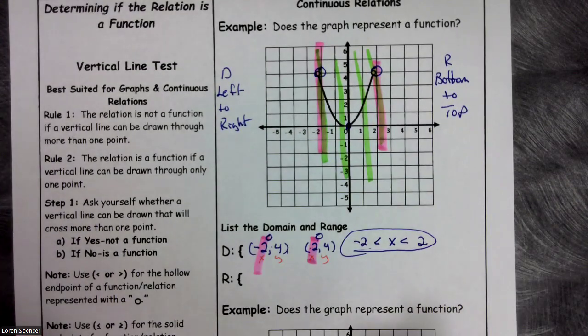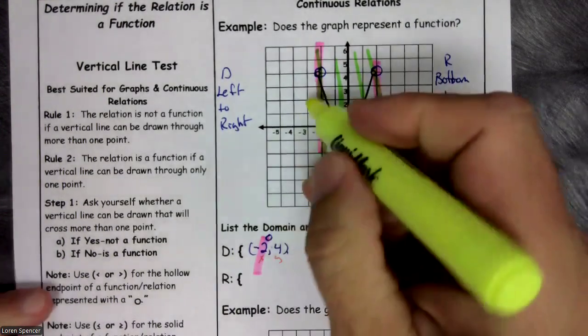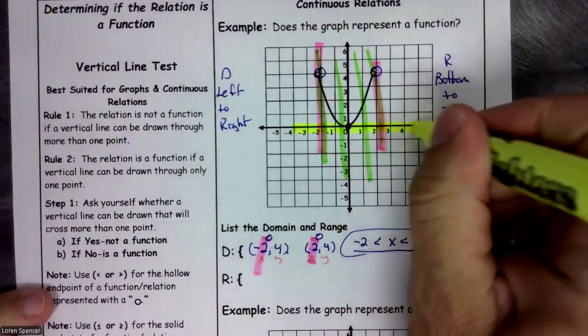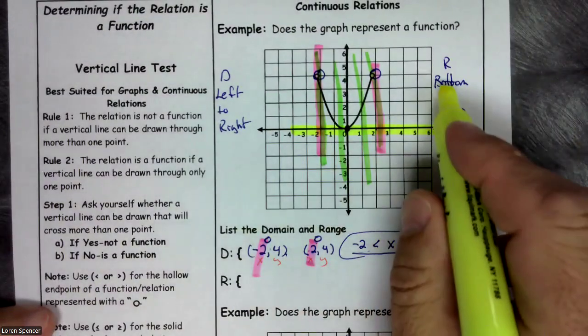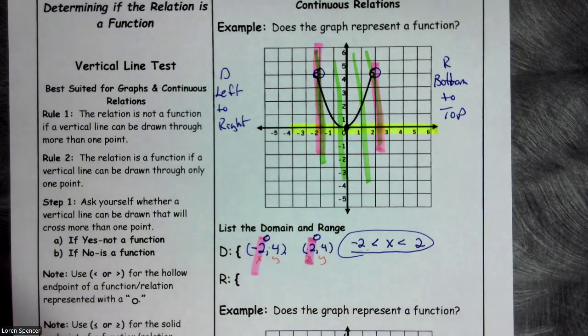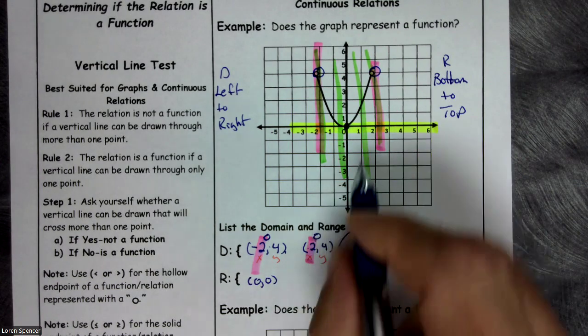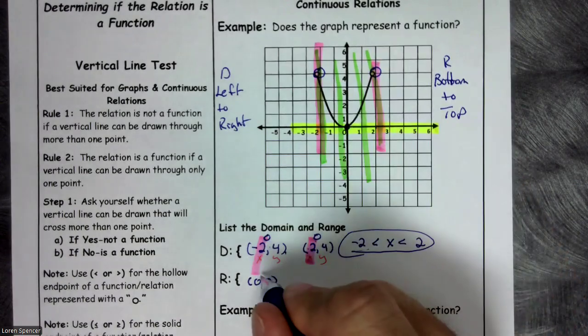My range. All right, so with my range, my lowest value is 0 because we started at the bottom. So my lowest value is at 0. Matter of fact, it's at 0, 0, and that has a solid line. A solid line means it's a solid dot.